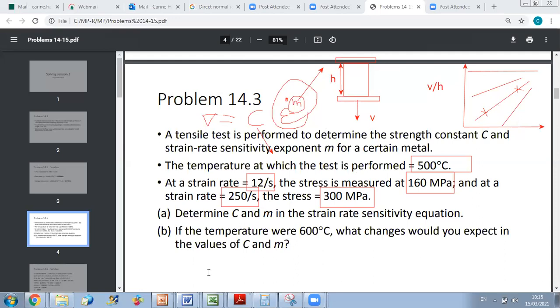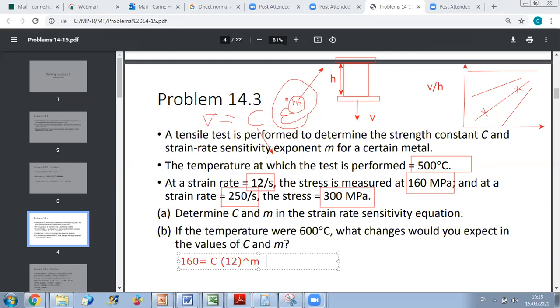So for example, from the first point, what is the value of sigma? For the first point, sigma is 160 megapascal, equal to the constant C times the strain rate to the power m. The strain rate is 12, so 160 equals C times 12 to the power m.